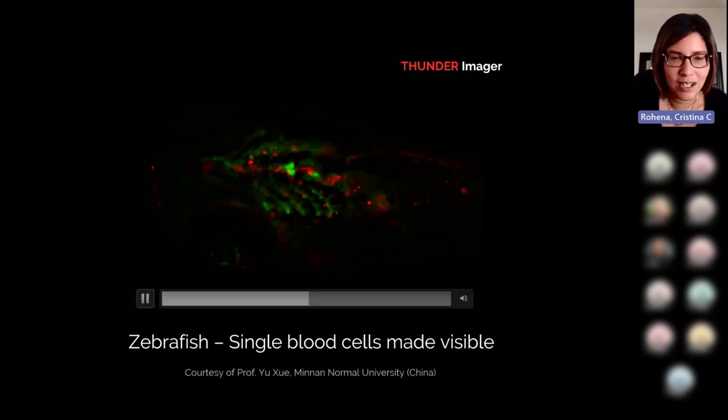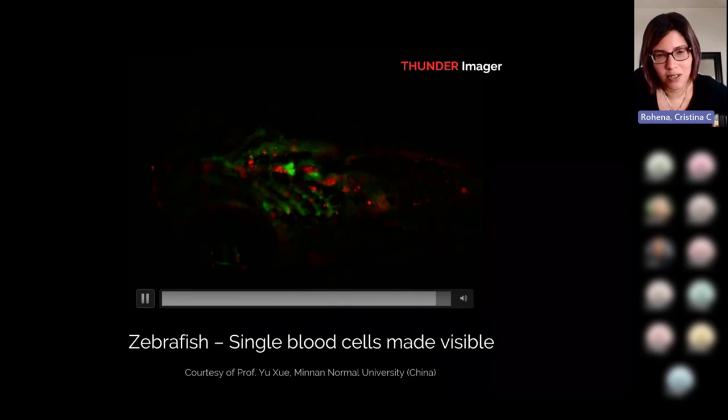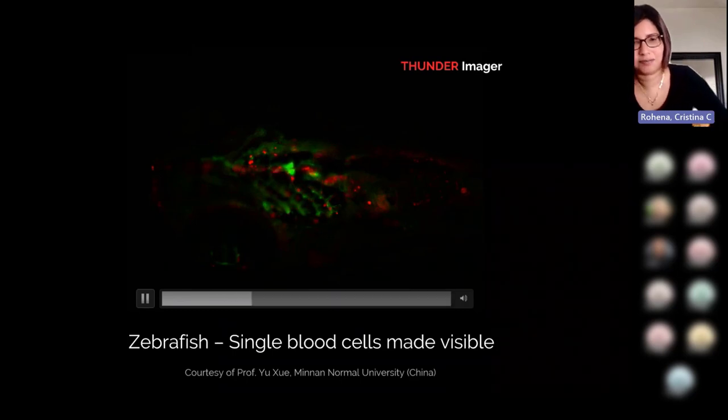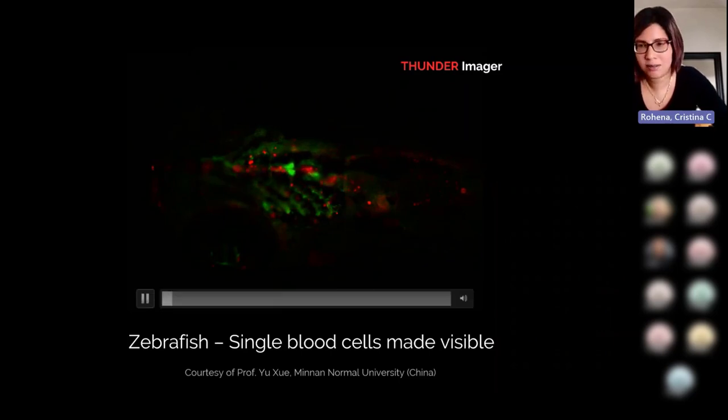I was illustrating how Thunder can really allow you to visualize things that are really masked by this out of focus blur. And this is really nicely illustrated by this video of single blood cells being visualized here within the zebrafish animal itself. So I've gone over now our model organism or stereo system.